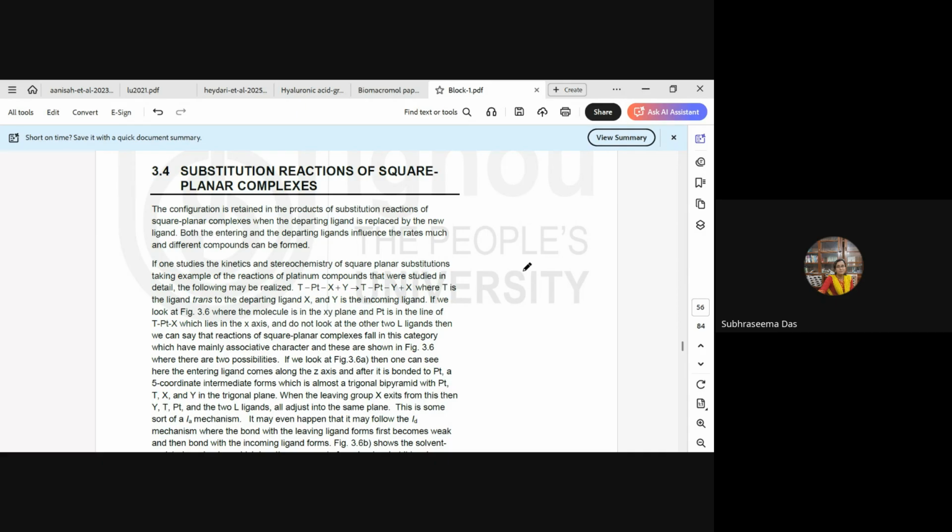The configuration is retained in the products of substitution reactions of square planar complexes when the departing ligand is replaced by the new ligand. Both the entering and the departing ligands influence the rates much, and different compounds can be formed.